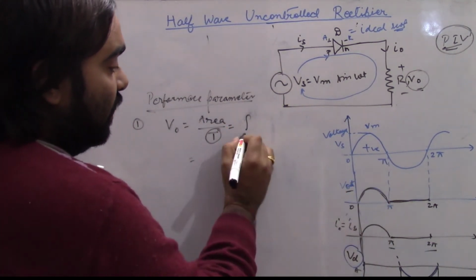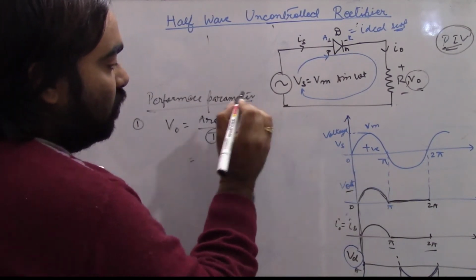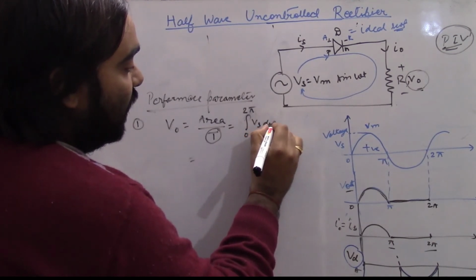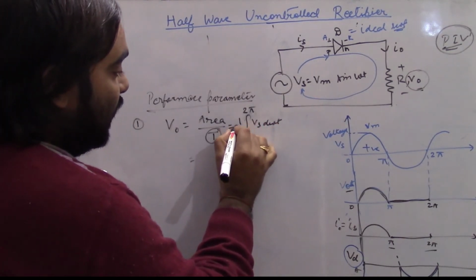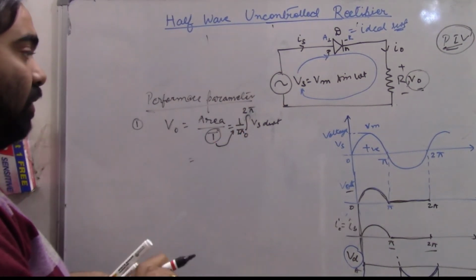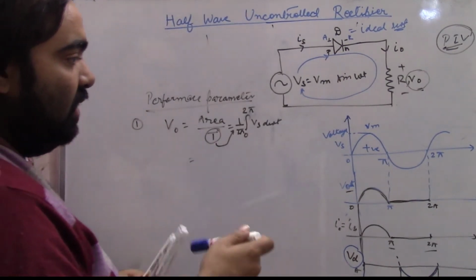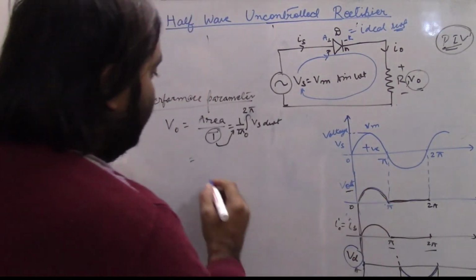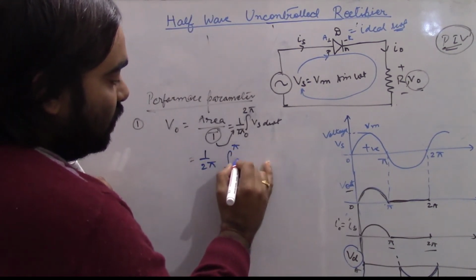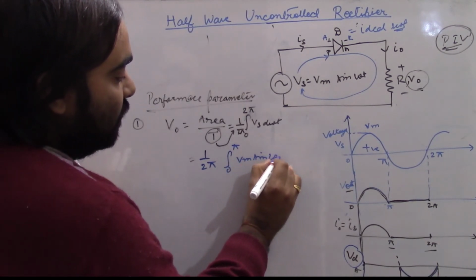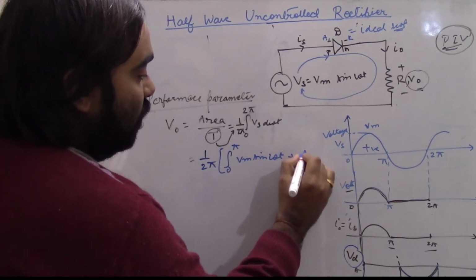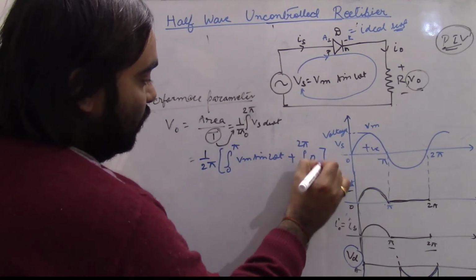Integrate from where to where? From 0 to 2 pi, of Vs d omega t. The time period for this value is 2 pi. So we get 1 by 2 pi, integral from 0 to pi, where Vs is equal to Vm sin omega t, plus for pi to 2 pi the value is 0, so we will not consider that.